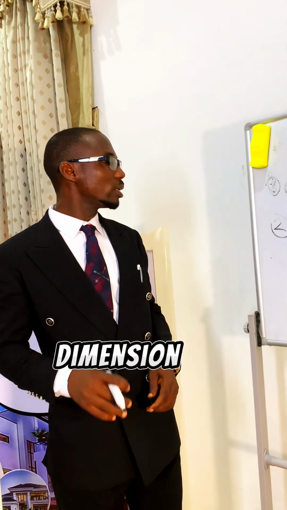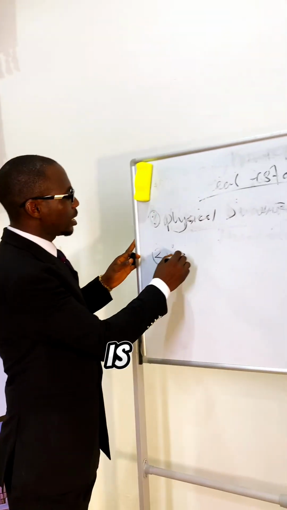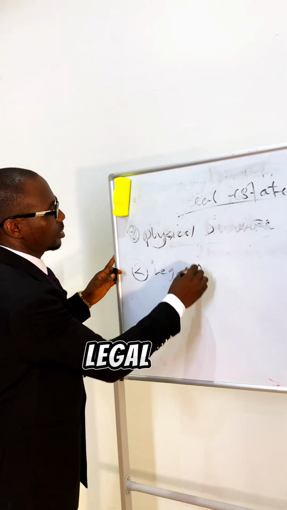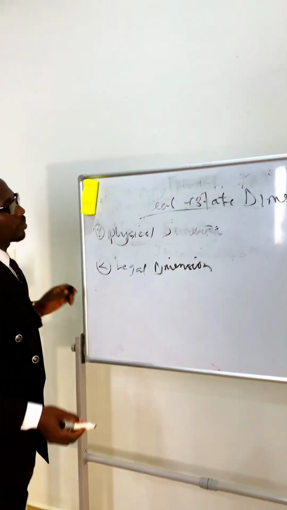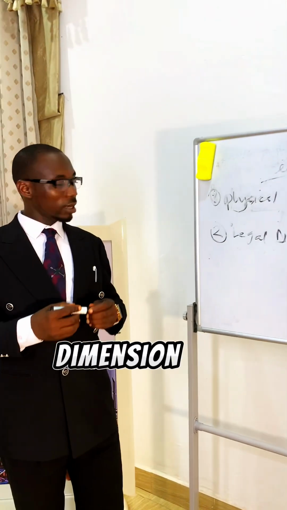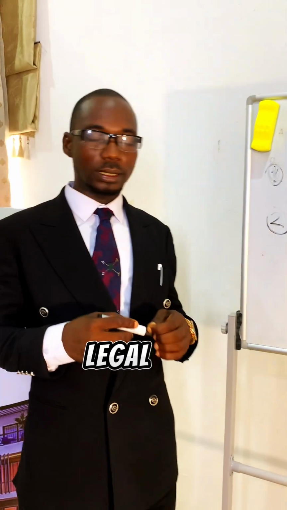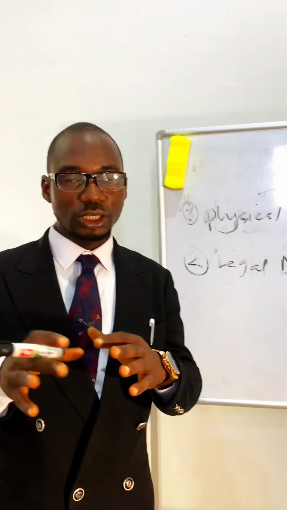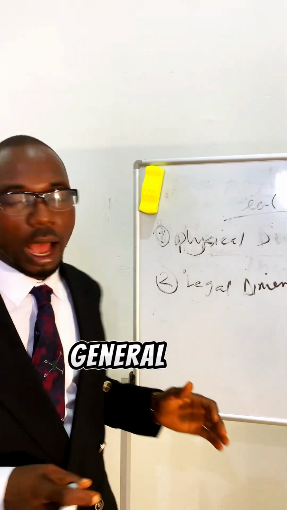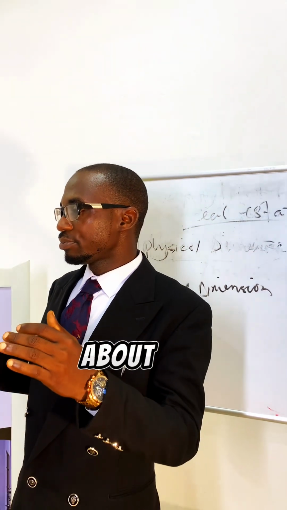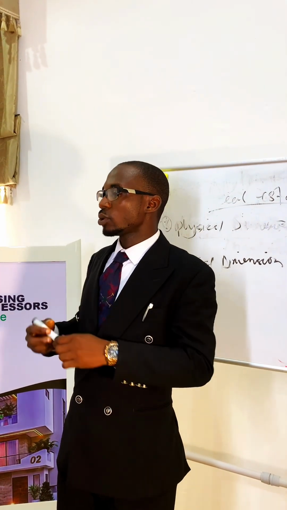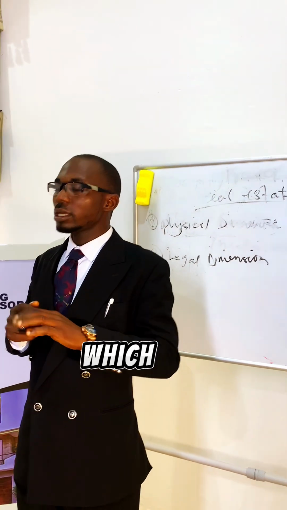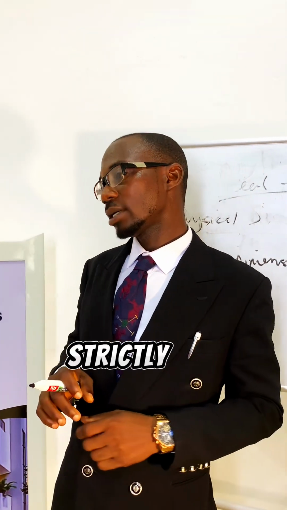The second one is legal dimension. Now in Nigeria, legal dimension, when it comes to land or real estate in general, you are talking about the land title, legal title, which is strictly obtained from the government.